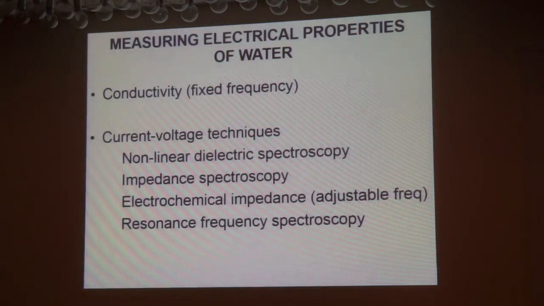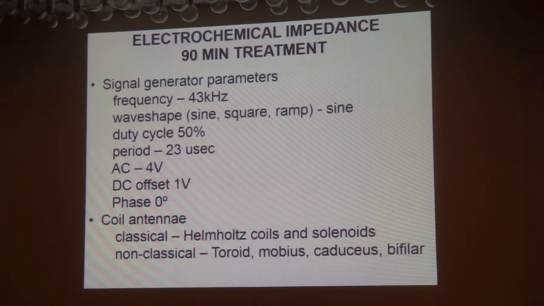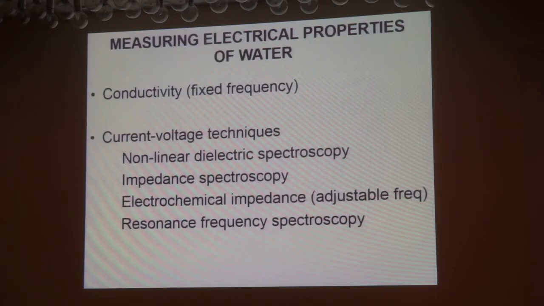Now we're moving on to a different measurement parameter, measuring the optical properties, electrical properties. Standard conductivity measures microsiemens per centimeter at a fixed frequency. I know these little meters that you can buy, they have a fixed frequency.